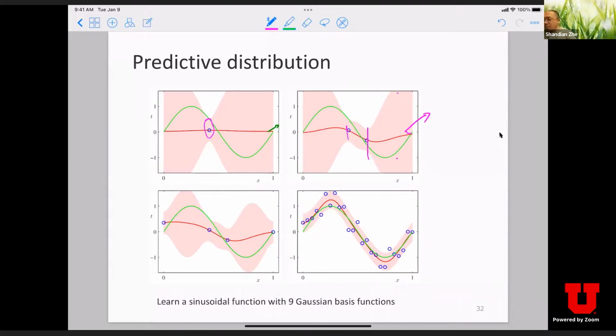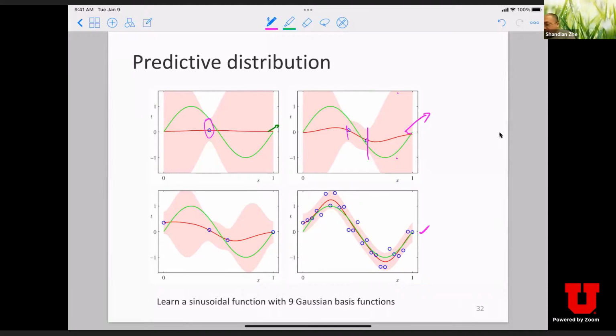So if we keep adding data points, you see that the predictive mean of the predictive distribution is getting closer and closer to the ground truth. At the same time, your uncertainty about the prediction at different places shrinks as well. If you have observed many data points, as right here, the mean of your predictive distribution is much closer to the ground truth, and at the same time, your uncertainty everywhere is reduced to a reasonable range.